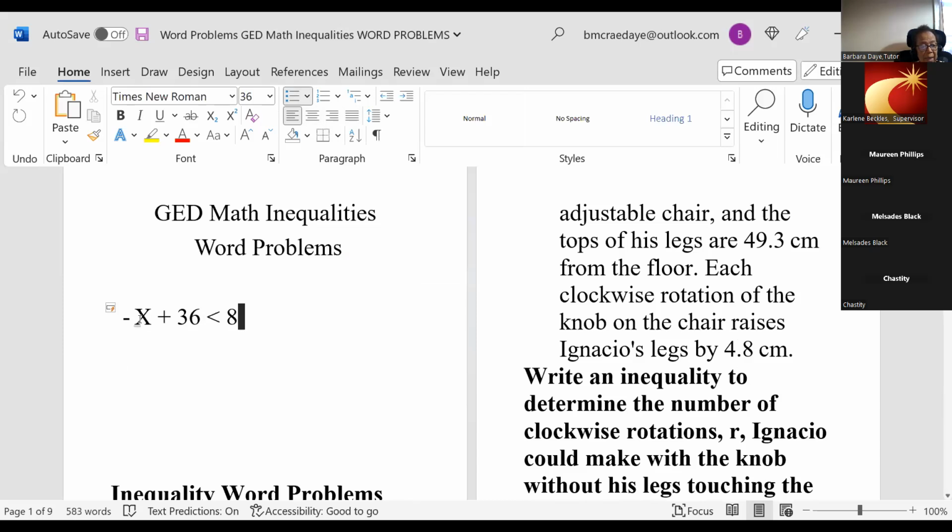Solve for x. Okay. I'll put this as a little x. Minus x plus 36 less than 8. Solve for x.